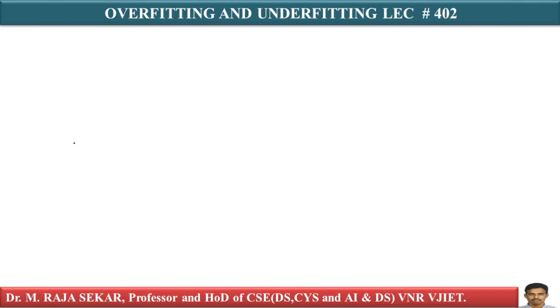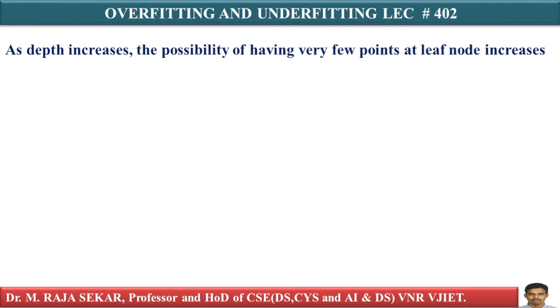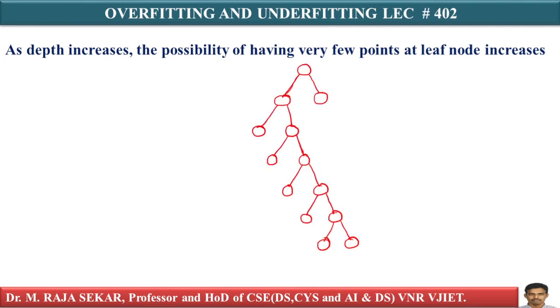As we have seen in our previous lectures, in a decision tree, as depth increases, the possibility of having very few points at a leaf node increases. Imagine I have a decision tree like this, very deep.